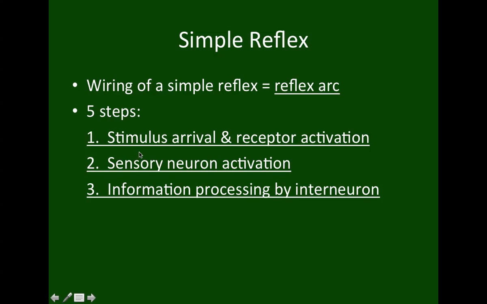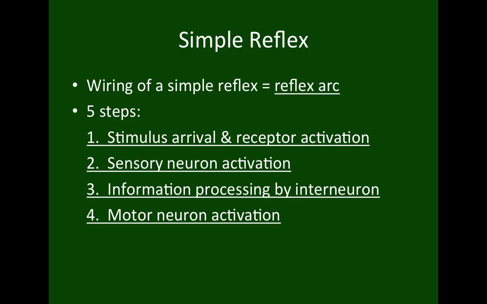Now, I'm going to pause here for a second and just say that sometimes step 3 is missing completely. It just depends on the type of simple reflex arc you're discussing. We'll actually take a look at one where it is typically missing. And remember, if there is an interneuron present, it's only present in the spinal cord. We then get motor neuron activation, and finally the response.